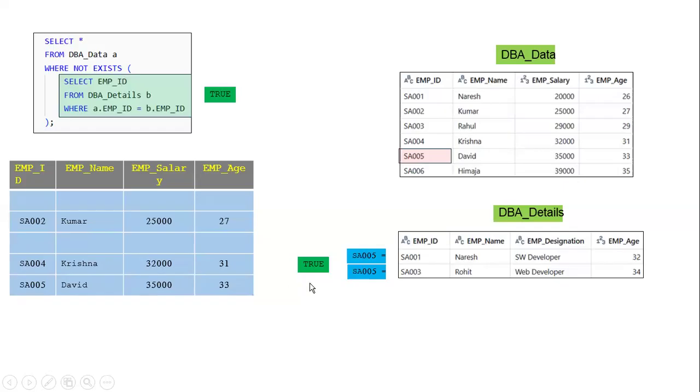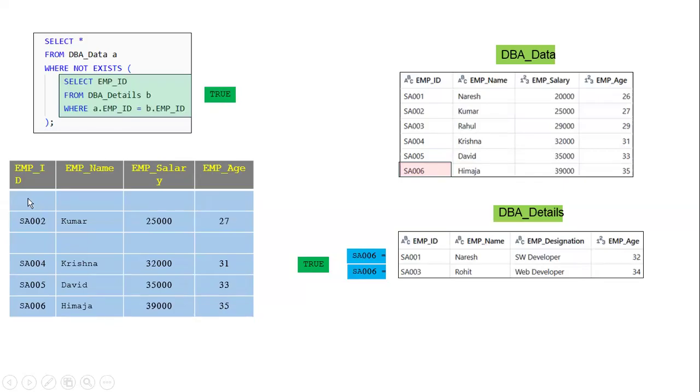Next, we are going to compare with the last record, SA006. When we are comparing with each and every row, we don't have a match here. Since there is no match, we are getting true. So when we pass true to the inner query, we are getting this result here.